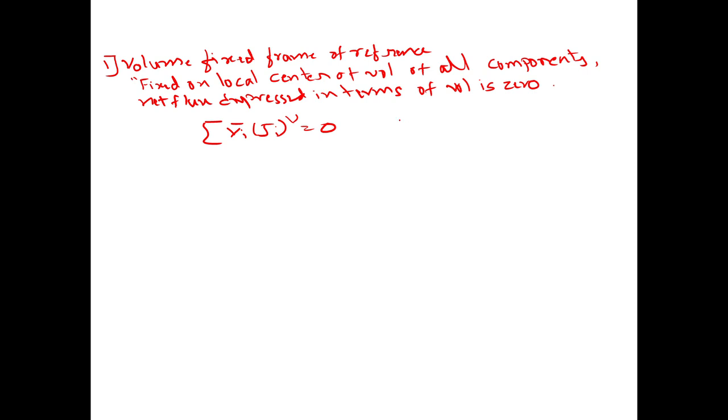So if you consider a diffusion couple, this is A and this is B. An atom of A has partial molar volume VA and B has partial molar volume VB, so VA is greater than VB.